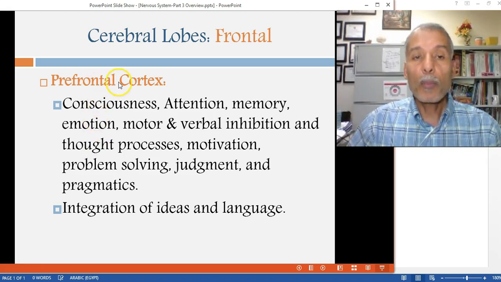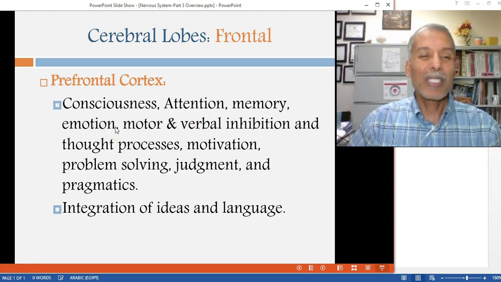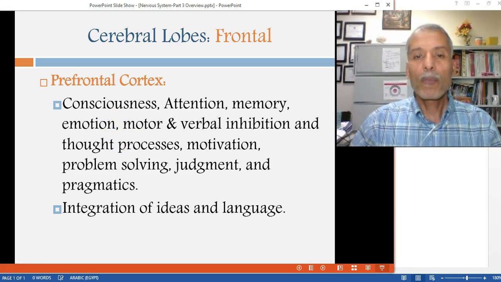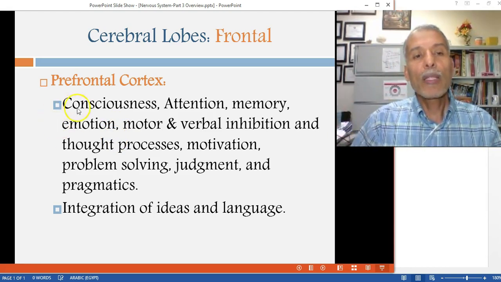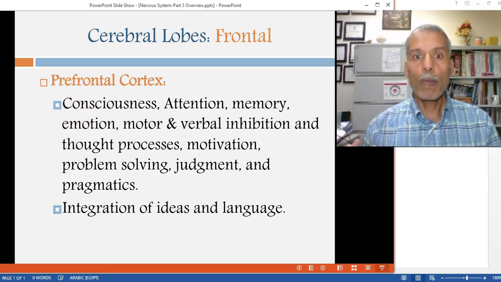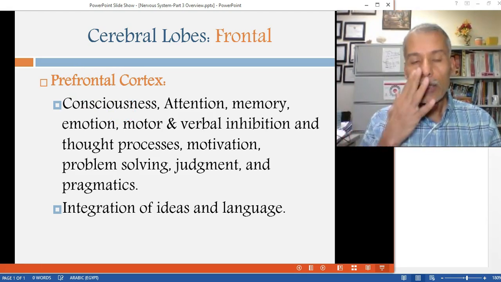If the prefrontal cortex is not connected to, for example, the amygdala and the basal ganglia, particularly the amygdala, then the person will be having tantrums and behave on impulse. But the prefrontal cortex gives them more control over their emotions. They analyze, they think about what they do before they do it.